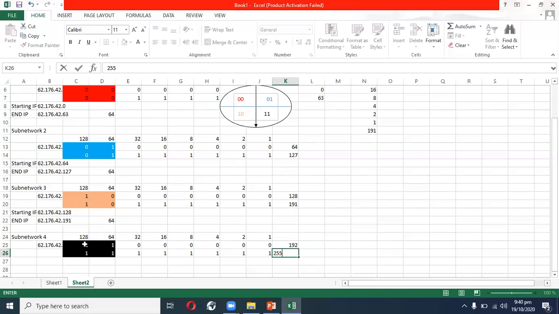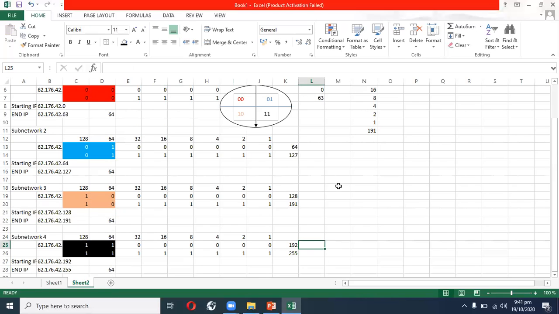So for our fourth subnetwork, our network IP will be 62.176.42.192 and our broadcast IP will be 62.176.42.255, and this also comes to 64. Now let's combine: 64, 64, 64, 64.